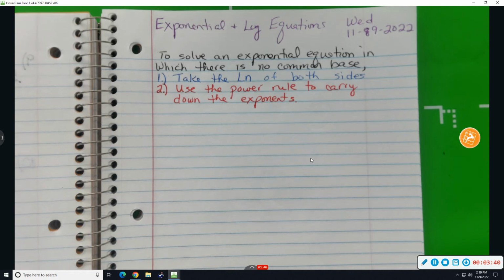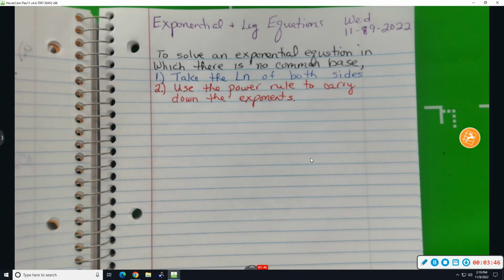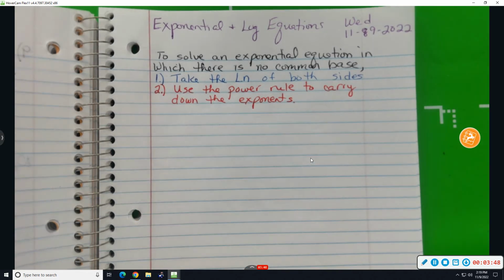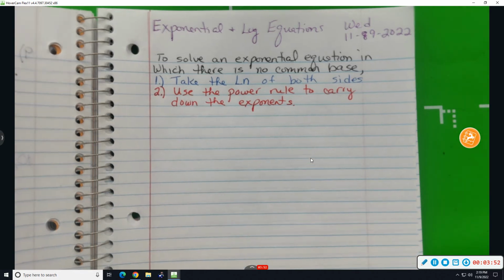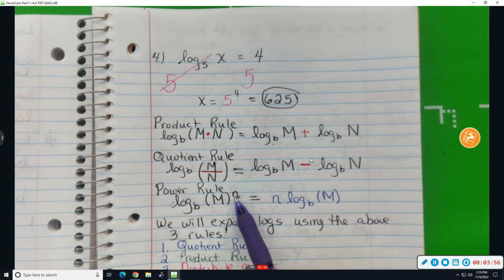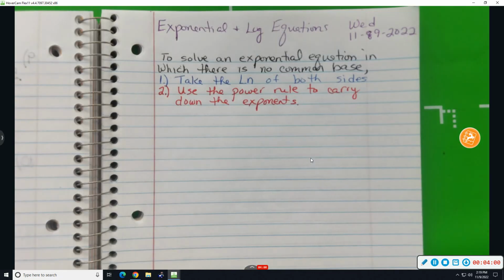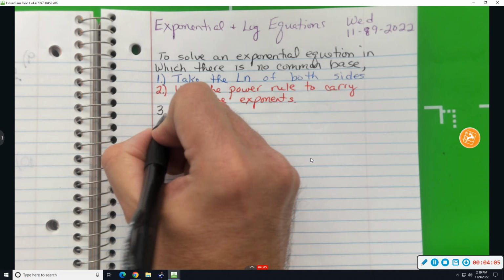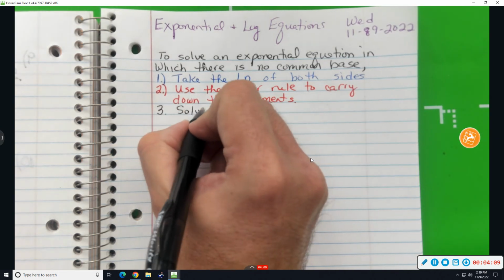We had 3 logarithm rules that had names. The power rule, the product rule, and the quotient rule. The power rule said if you have an exponent at the end of a logarithm, you can carry it down in front. Once you've done that, solve for x.